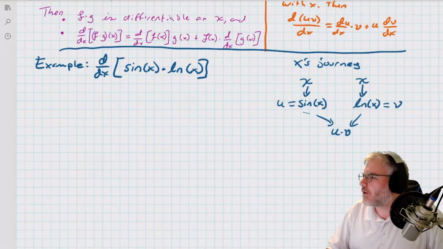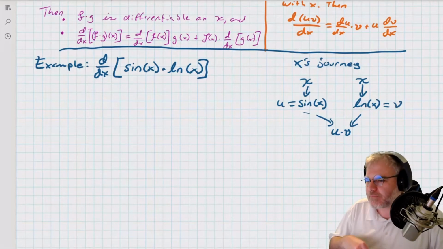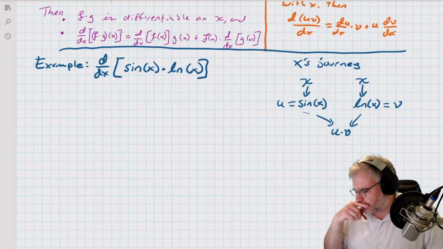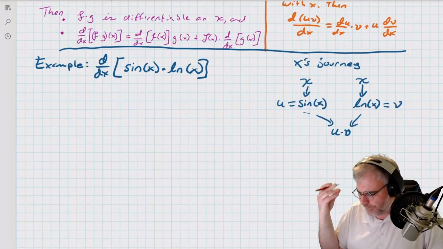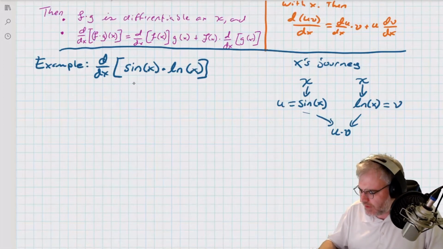Okay, so x is taking a journey. And if I take the derivative here, let's see what happens.